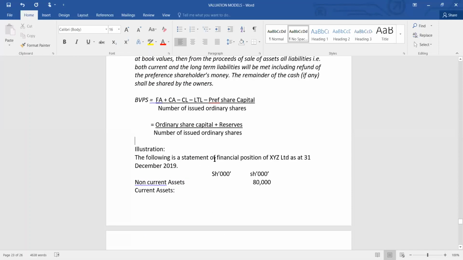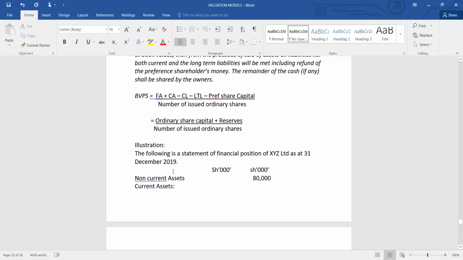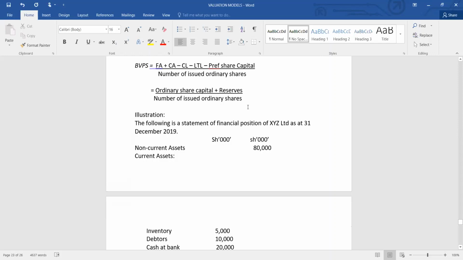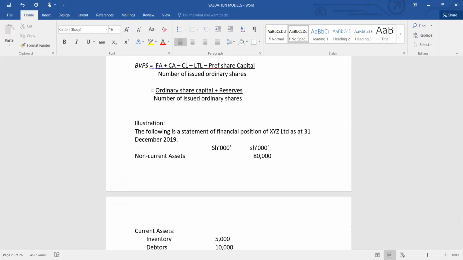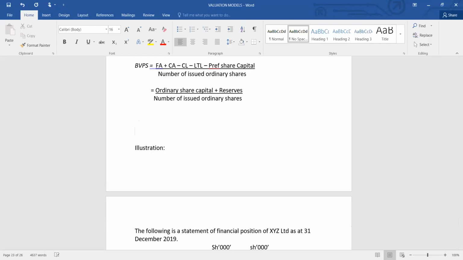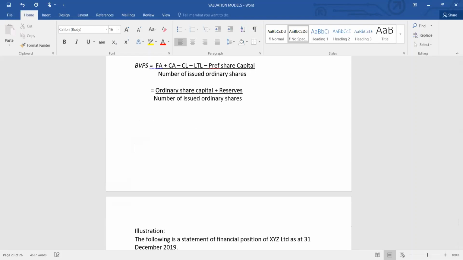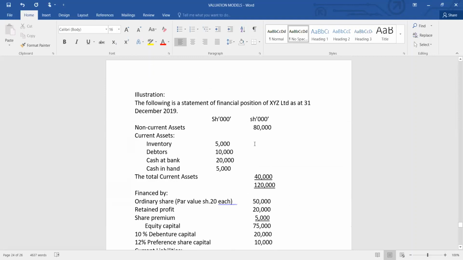Okay, so as simple as that, I've given a small example here. Following is a statement of financial position of this company on 31st December 2019. What I've given you is a summarized statement of financial position of this company.